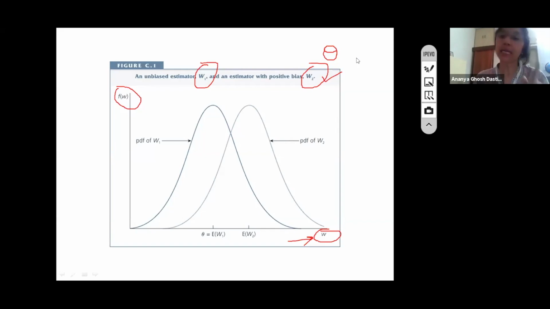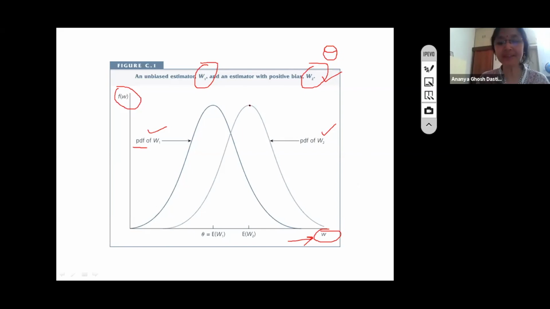Now look, both of the estimators have very similar distributions. They're both symmetric. PDF is another word for probability density function. So this is the PDF of the estimator W1 and this is the PDF of the estimator W2. Now let's look at the means of these two estimators. Where is the mean of W2?